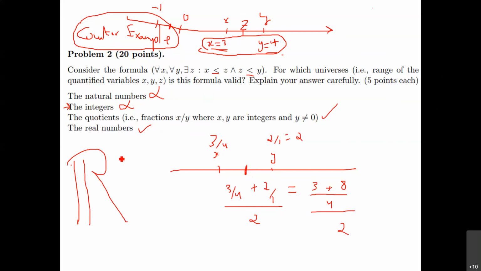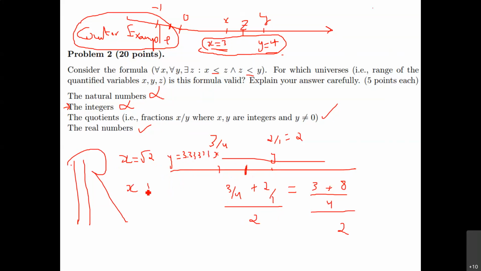Like if x is, let's say, radical 2 and y is 3.333333 forever. Can you also find something in the middle? Yeah, it works. Why not?